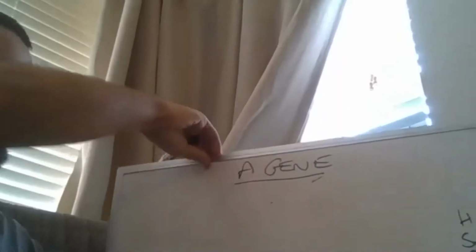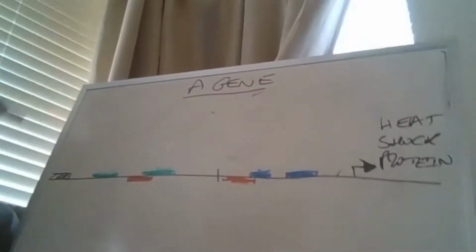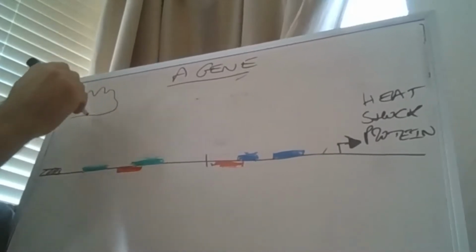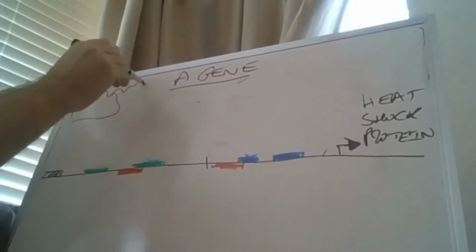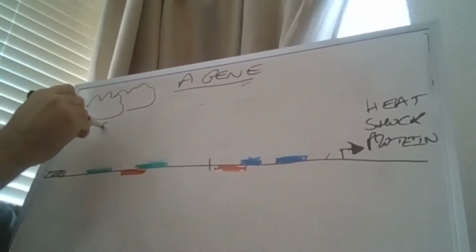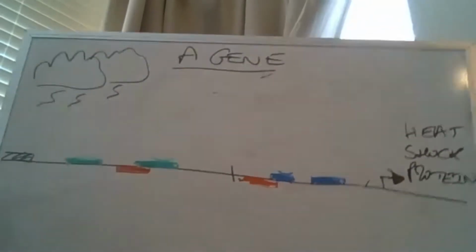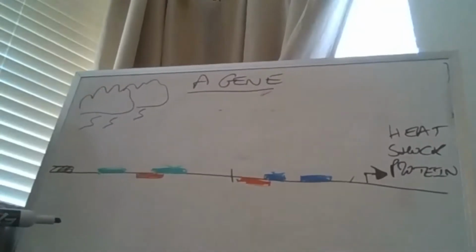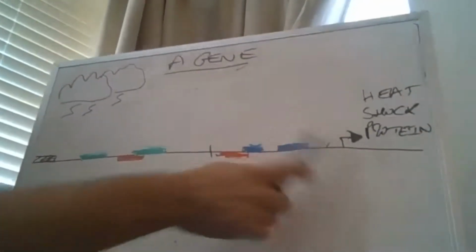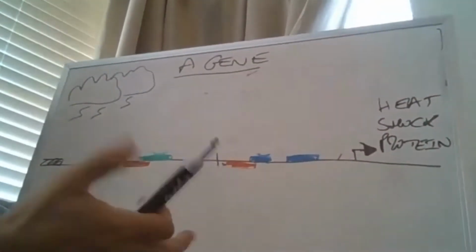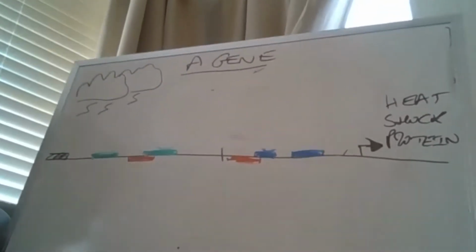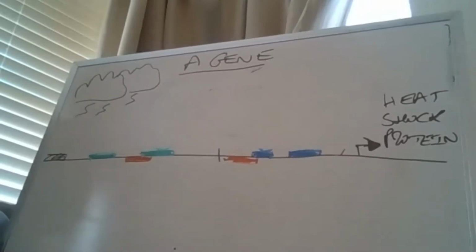So now if it is cloudy, which doesn't happen very often in San Antonio, maybe we've got some lightning, some good thunderstorms here, right? So we don't need heat shock protein expression because we're not overheating. We don't have the conditions necessary for expression of that.